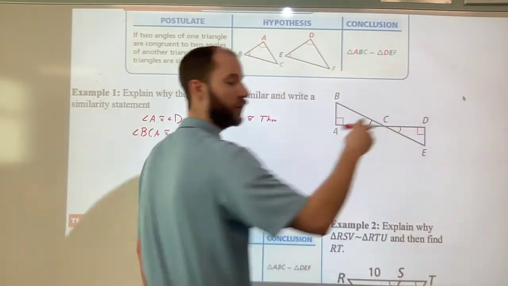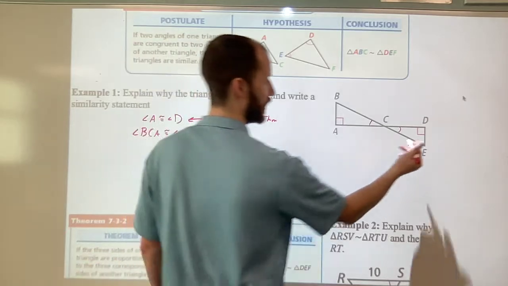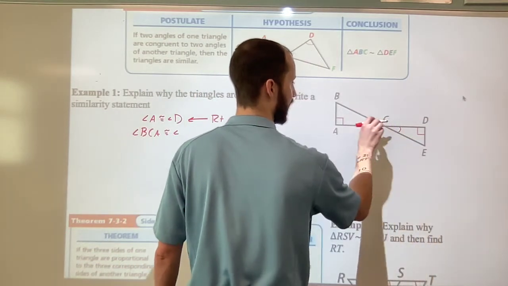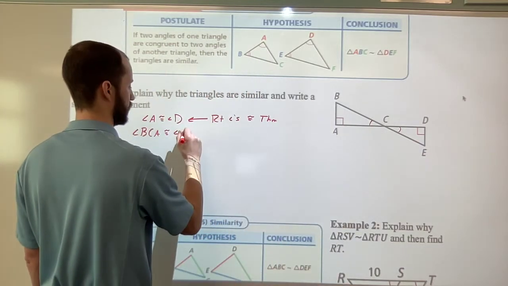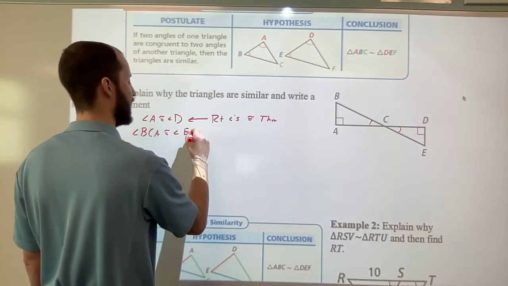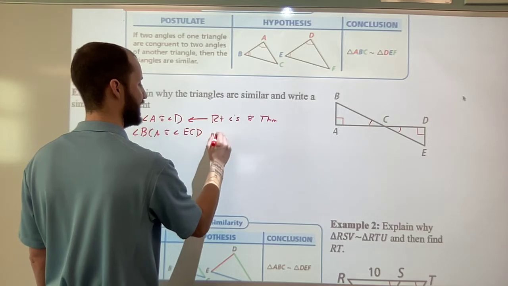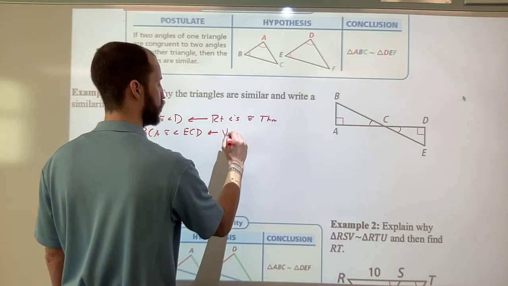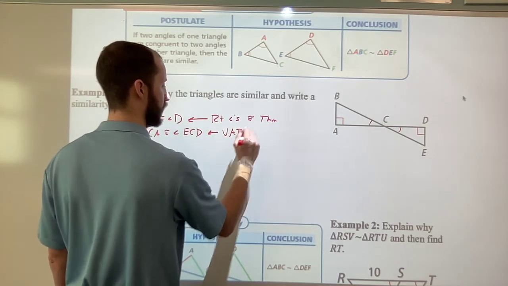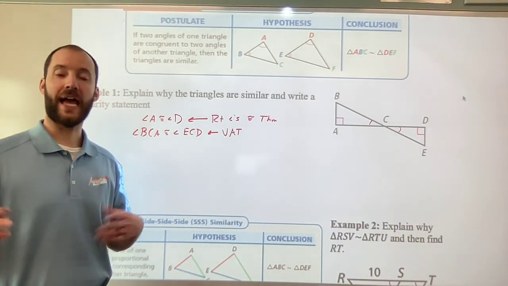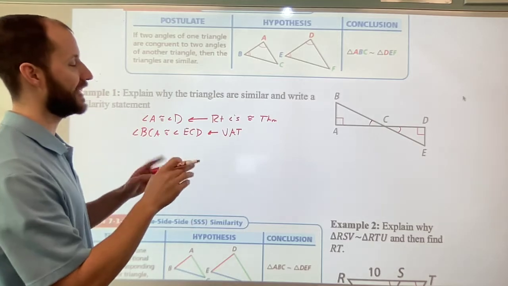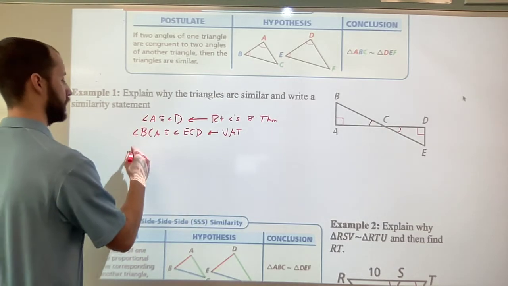In this triangle, use the same order: not toward the right angle, then toward it. So angle BCA is congruent to angle ECD by the vertical angle theorem. So if we have two congruent angles, we can say the triangles are similar.